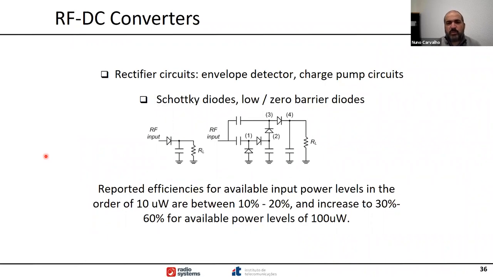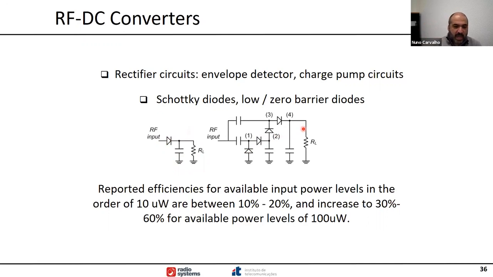And what is an RF to DC converter? As I said, it is mainly a rectifier circuit. It can be a very simple circuit like here, where you have a diode and a DC filter afterwards. Your diode will rectify your signal, or you can have a multiplier so that not only do you have a DC conversion, but you multiply the DC, so you have a higher DC voltage at the output.